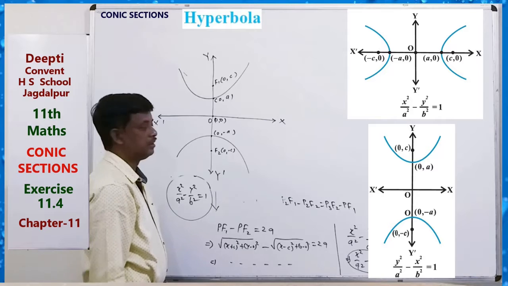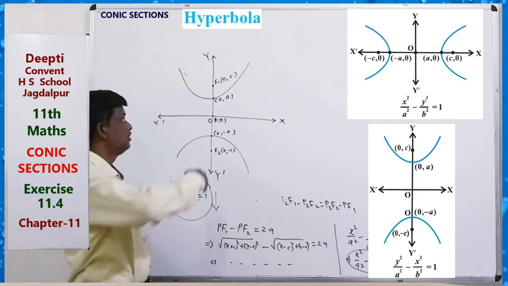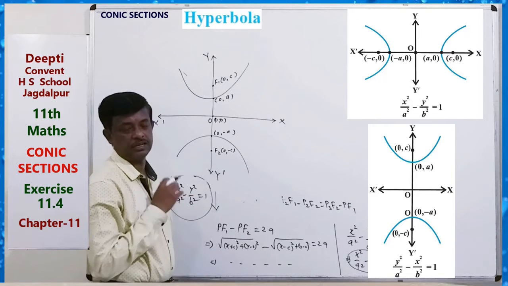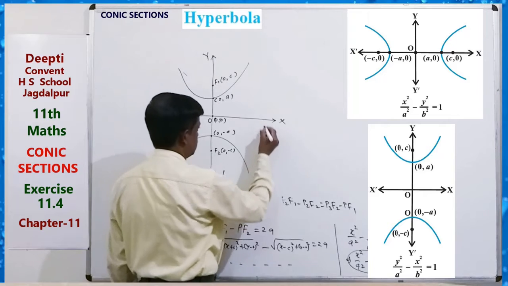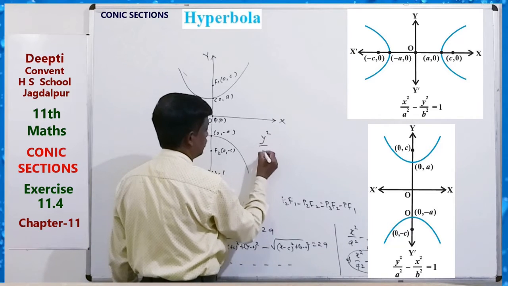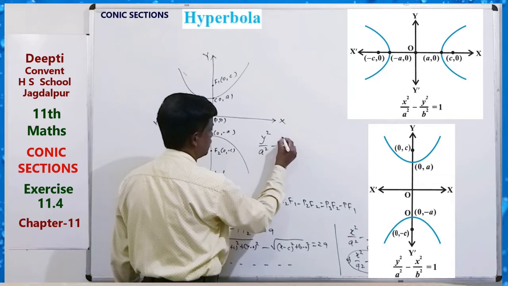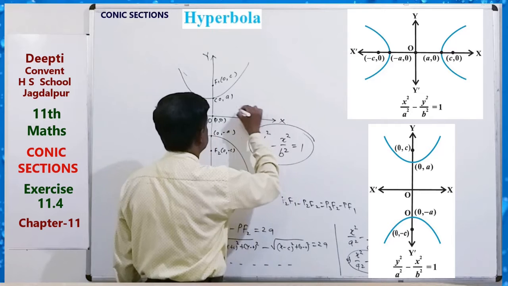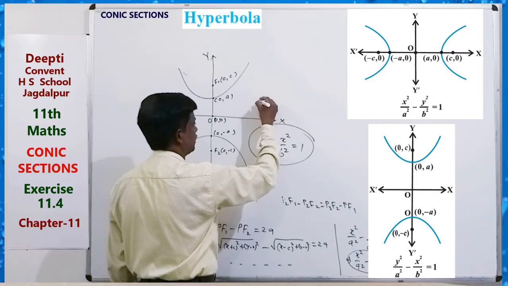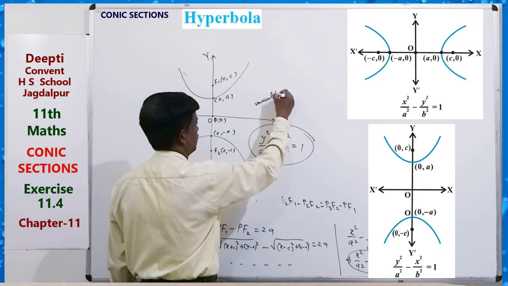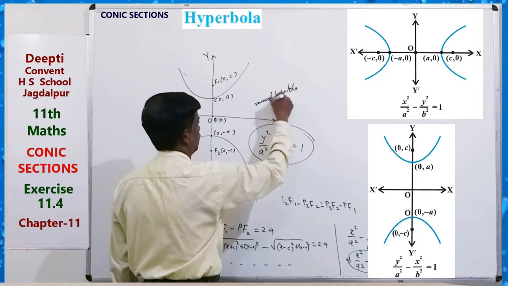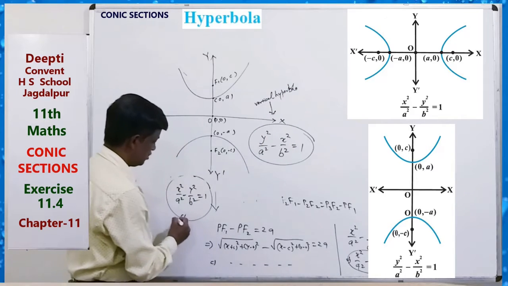Then the equation when the transverse axis lies on the y-axis changes like this: y square upon a square minus x square upon b square equals 1. This is the vertical hyperbola. This is the horizontal.